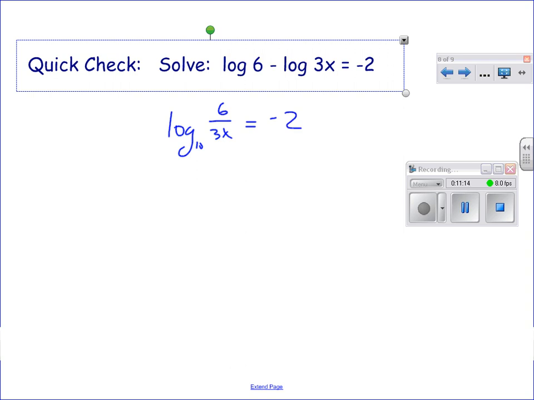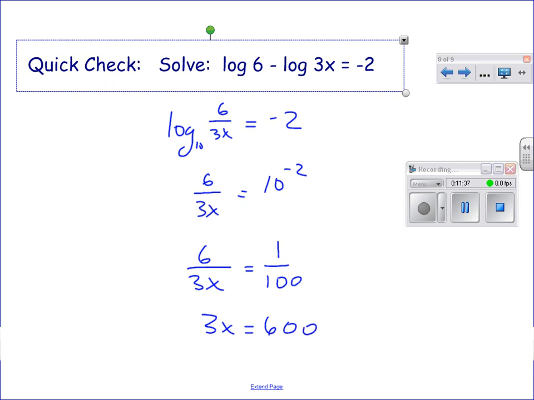Now I'm going to say 6 over 3x equals 10 to the negative 2, which hopefully we can write as 6 over 3x equals 1 over 100. It worked out to our benefit to write this as a fraction, because now this is a quick, easy cross multiply. 3x equals 600, x equals 200.